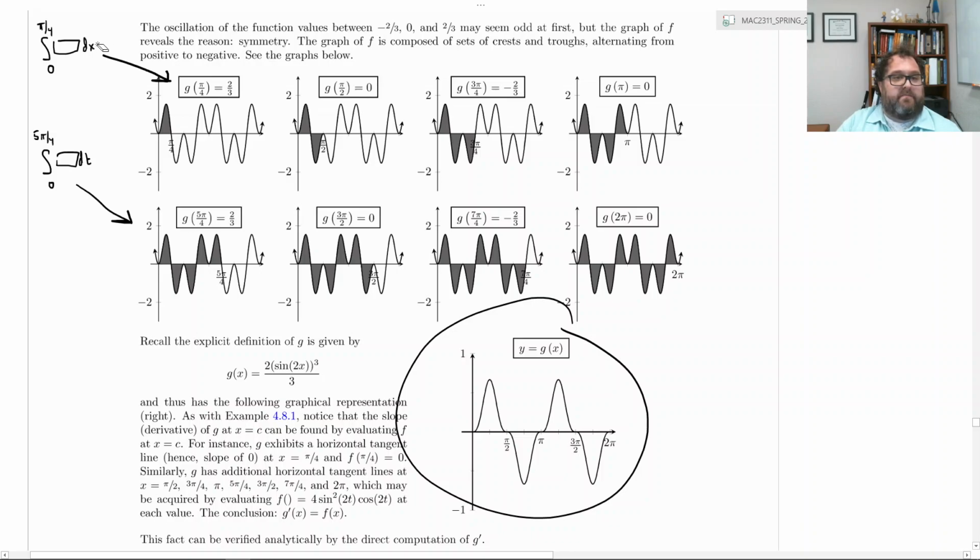So you can see how we certainly did evaluate 9 different definite integrals. Here's 0 to pi over 2 of whatever dt, and here is 0 to 3 pi over 2 of whatever dt.